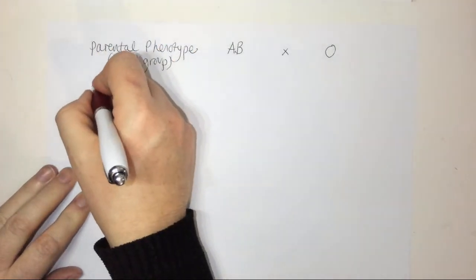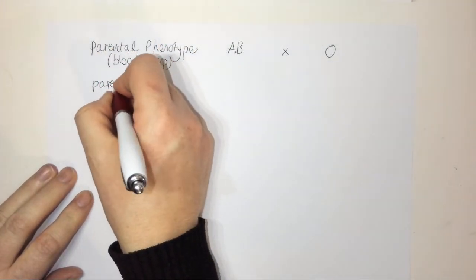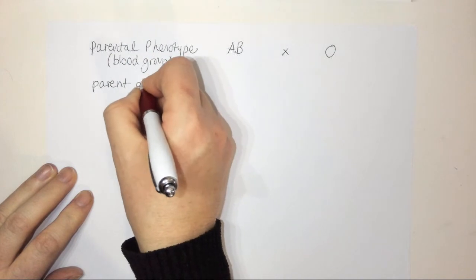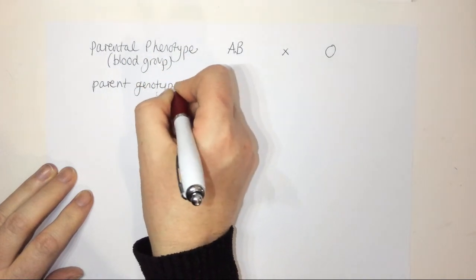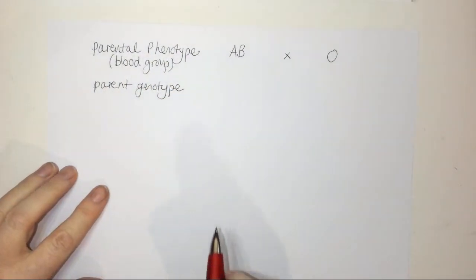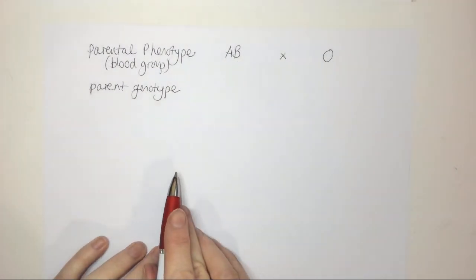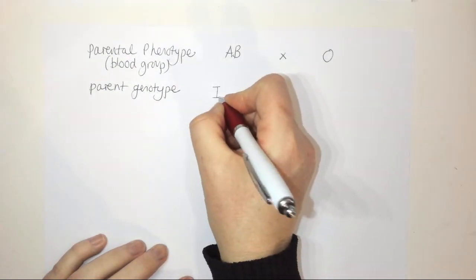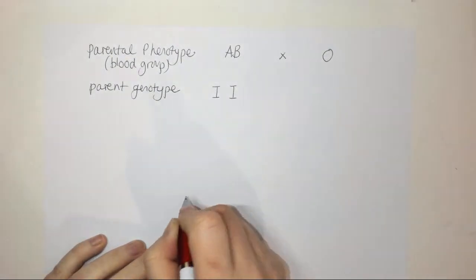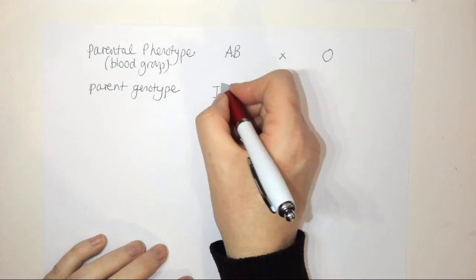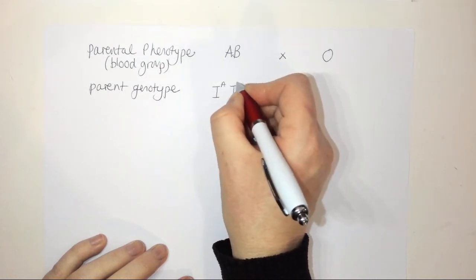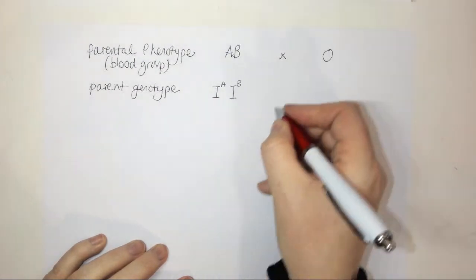Well, what would be the genotype of those? Can you think what might be the genotype for somebody with the blood group AB? Have a think about the codominants. Yep, remember you draw the I, the immunoglobulin, and an A and a B, they are codominant.